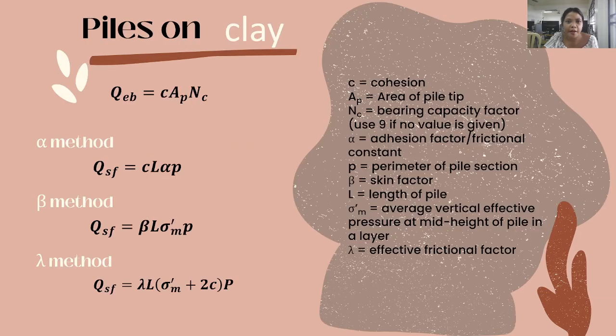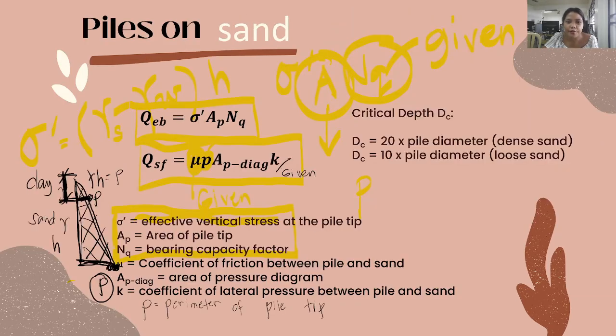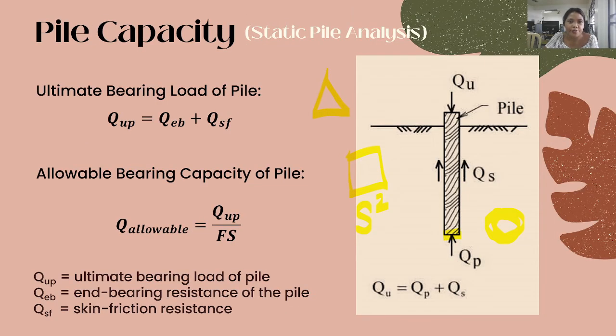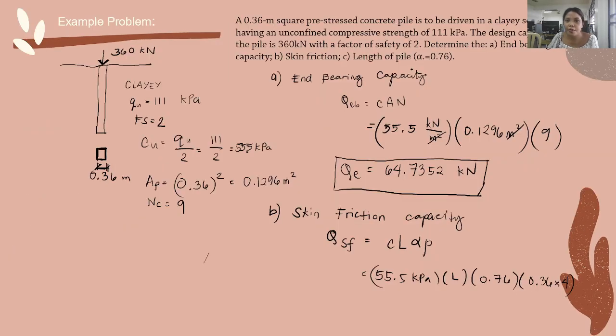Okay, so going back to the first slide of our presentation ng formulas, you can have the allowable bearing capacity of pile given as QU over factor of safety. Dahil meron kang given kanina na allowable bearing capacity or the design capacity is 360 kilonewton, so can I say that that is the allowed load or the bearing itself?